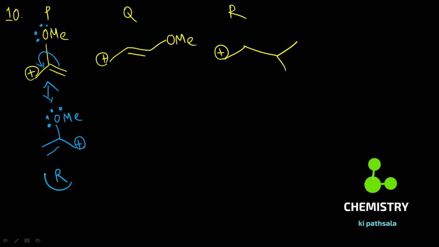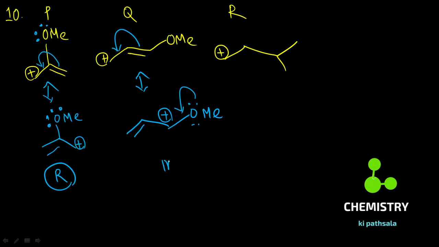So that means it will show only resonance. In the case of Q, if you draw a resonating structure, you will find the formation of carbocation here, so it will show the mesomeric effect. Obviously resonance is there, so it will show the mesomeric effect. But in the case of R, remember, there is no possibility of resonance.